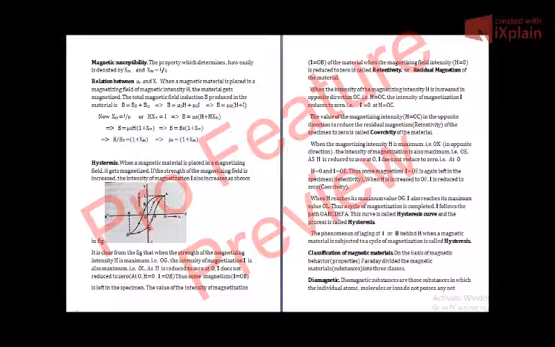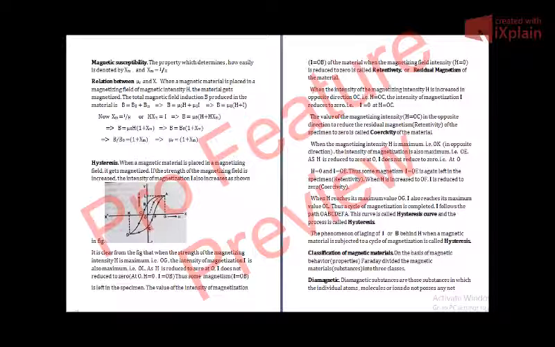For example, if we put wood in a magnetic field, it may not get magnetized at all, so its intensity of magnetization is 0. Similarly, the greater the strength of the magnetic field, the greater the magnetizing intensity. If the field is strong, it can magnetize a substance to a larger extent.